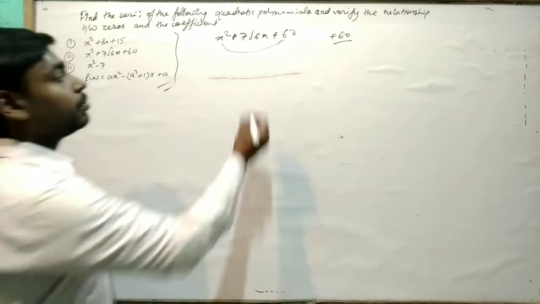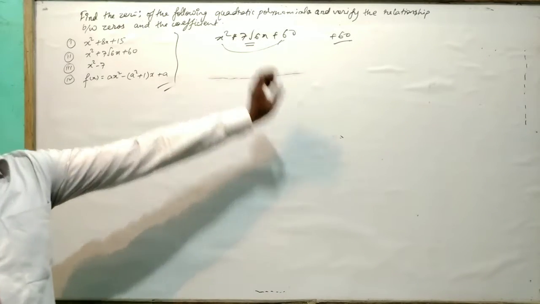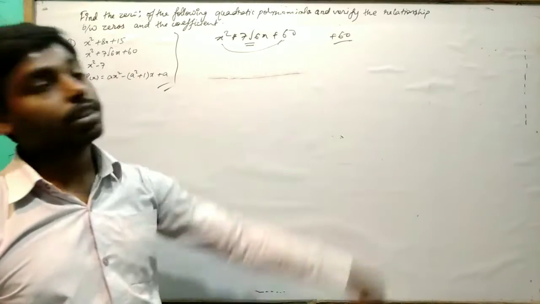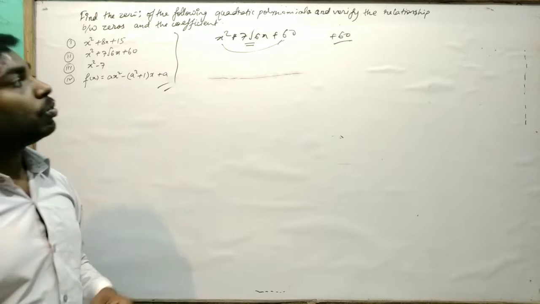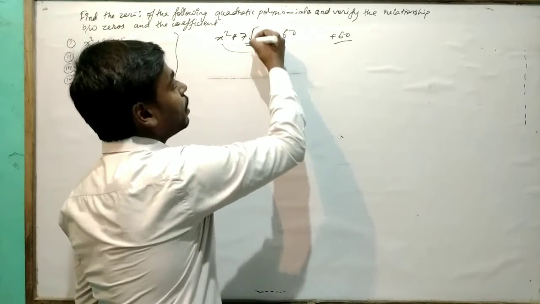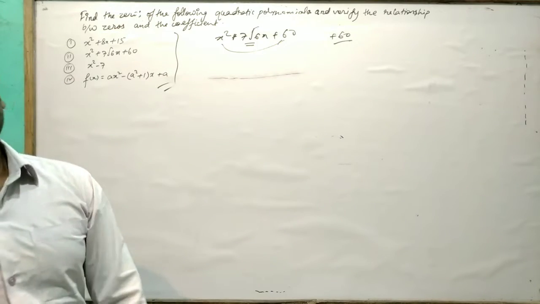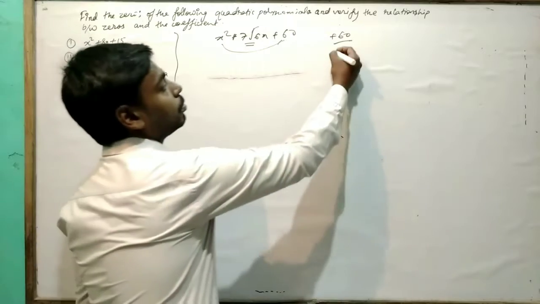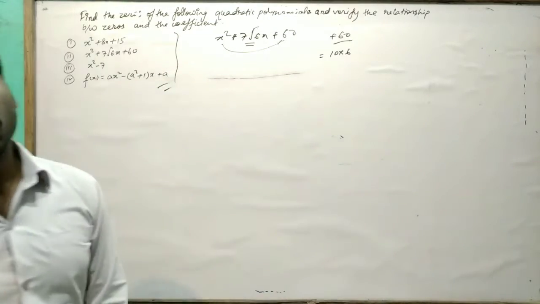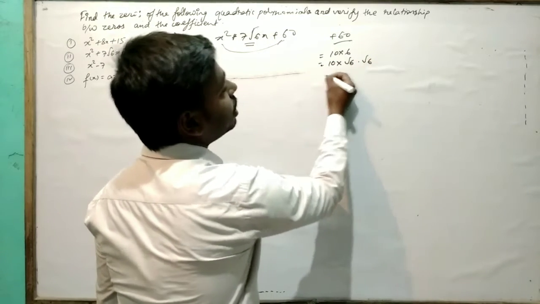Then we have to find 7 root 6. So first we have to take a factor of 60 where one of the factors involves 6, because here we have to find root 6. Then we can write 60 as 10 into 6. Now 10 into 6 can be written as 10 root 6 into root 6.